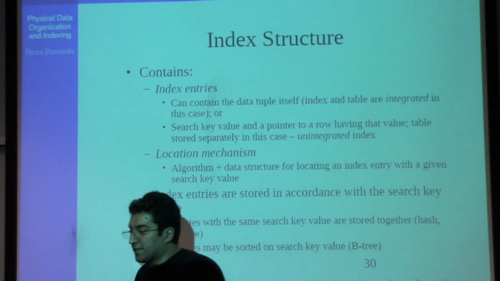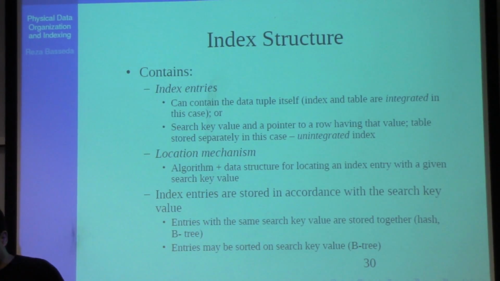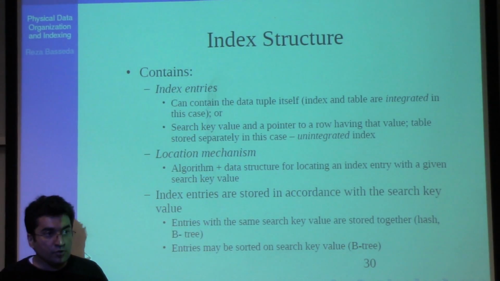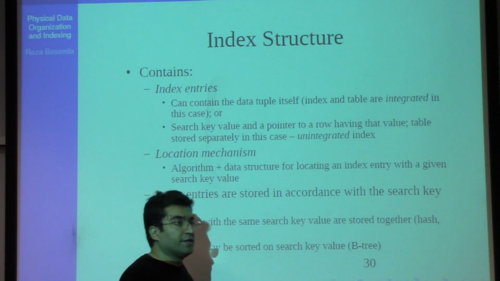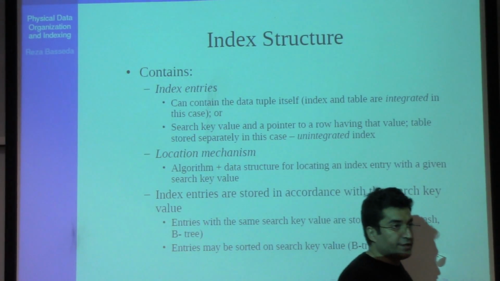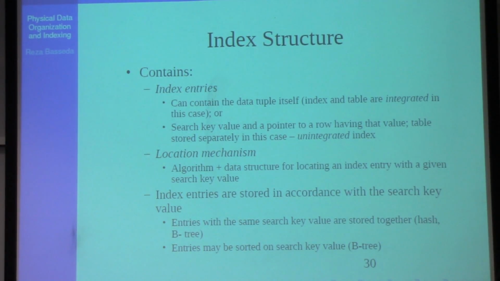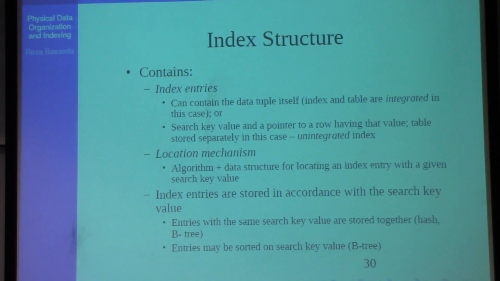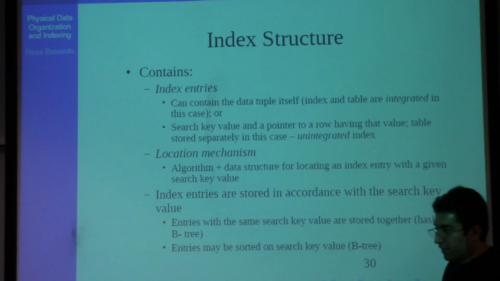Or the index could be completely separated from the data entries, and in this case you will need a pointer to point to the data entries, right? This pointer is completely different from the pointer you are using in programming languages. This pointer is some sort of pointing to some place in the file, so it's not the same as the pointers you use in other structures.